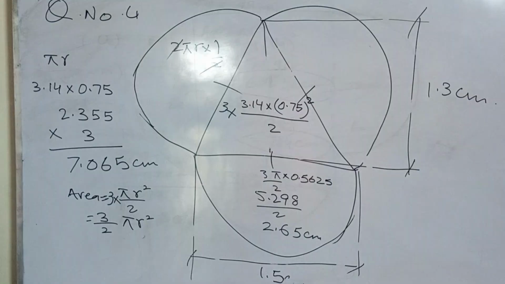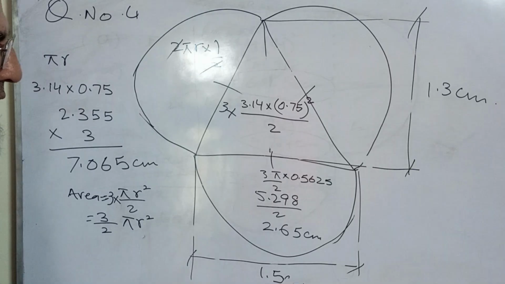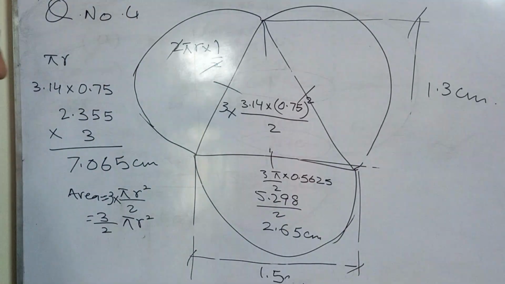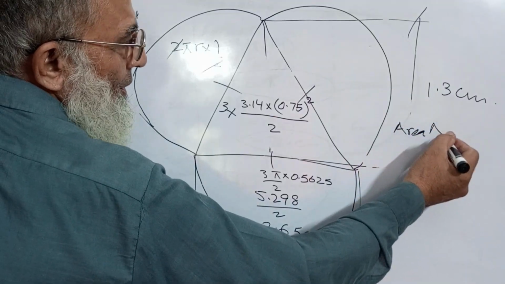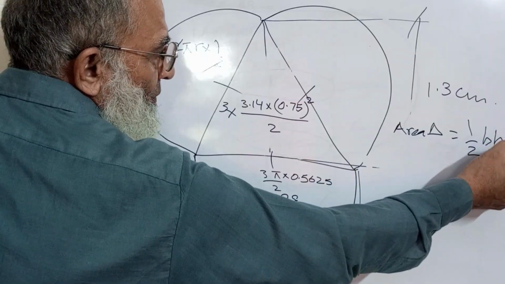Now about the area which is in the triangle. You must know the area of a triangle; I have already given a lecture on area. The area of a triangle is equal to half base into height.